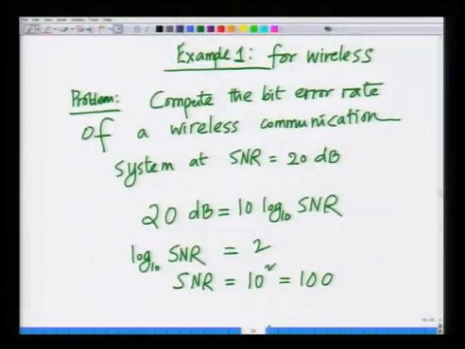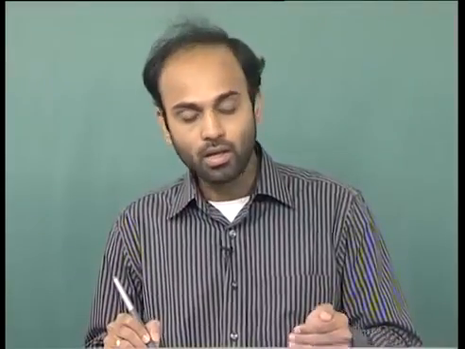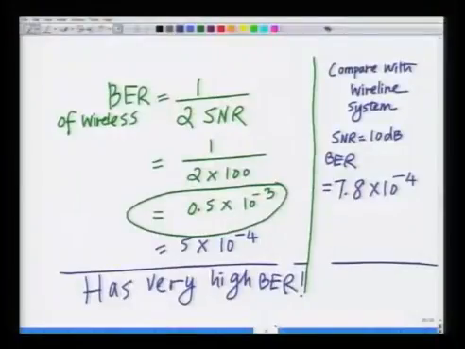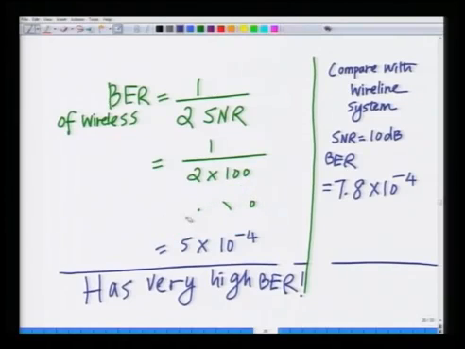I also did an example where I said compute the bit error rate of a wireless communication system at an SNR of 20 dB. 20 dB SNR corresponds to 10 square or 100 in terms of linear SNR. I derived the BER as 1 over twice SNR. There is a slight typo in this, so let me correct this right now. The bit error rate is 1 over 2 SNR, and SNR is 100.